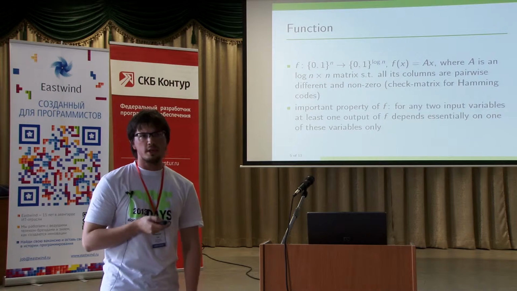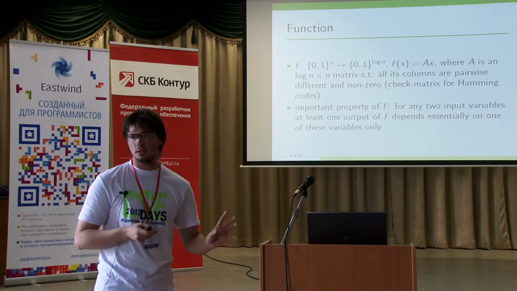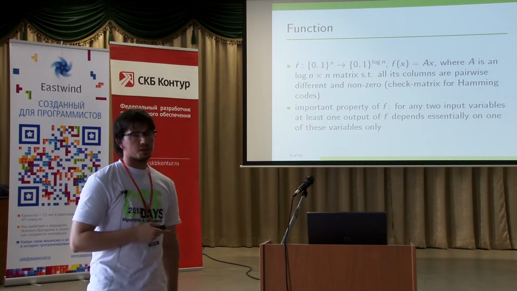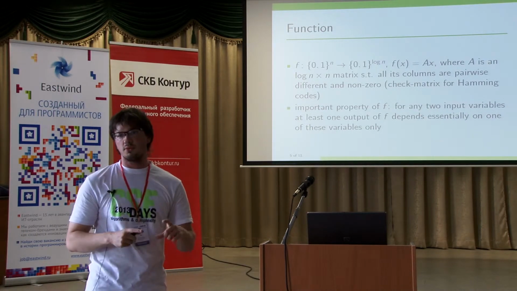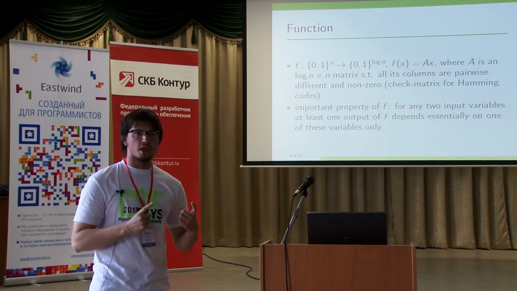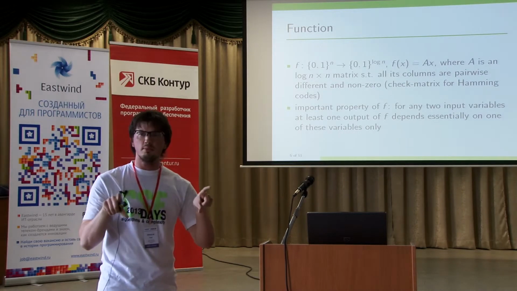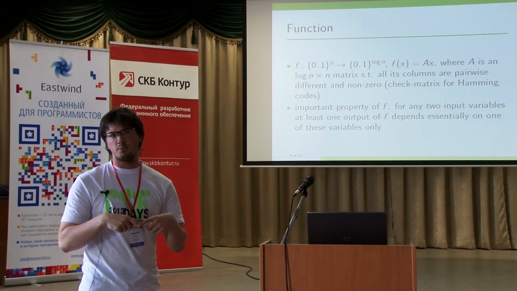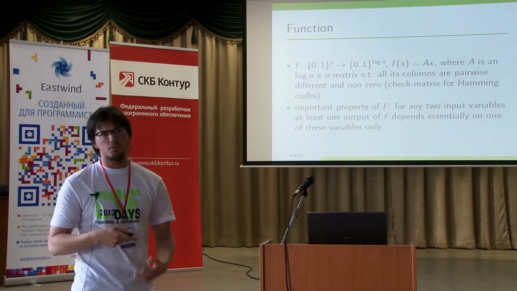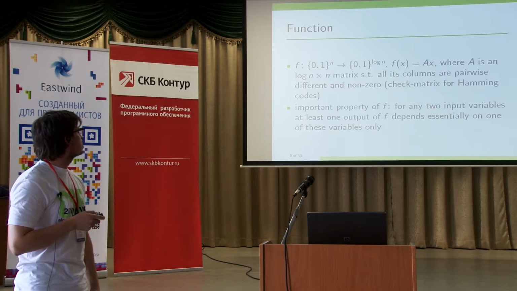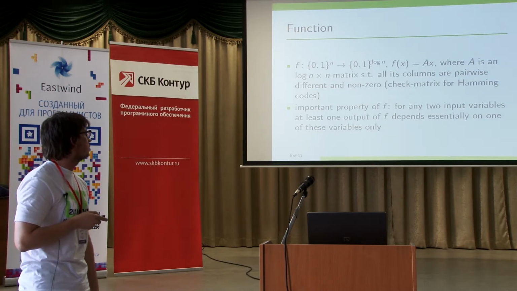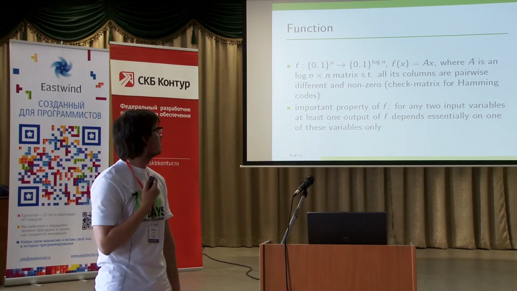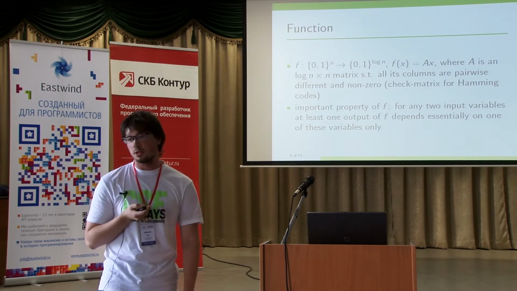Okay, why is this necessary? Because if 2 columns are explicitly the same, then we can glue these 2 variables and pay only 3 gates for this. So we really need all columns to be pairwise different. The easiest example of such a matrix is the check matrix for the Hamming code.